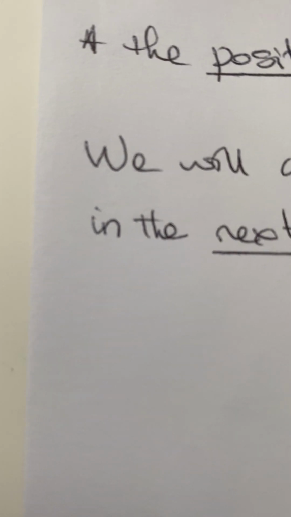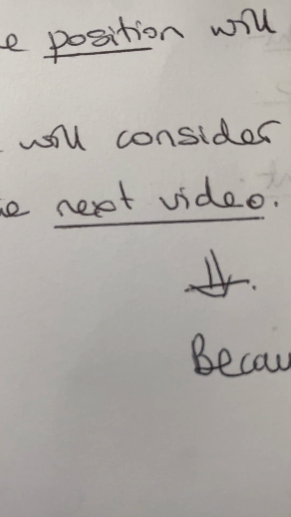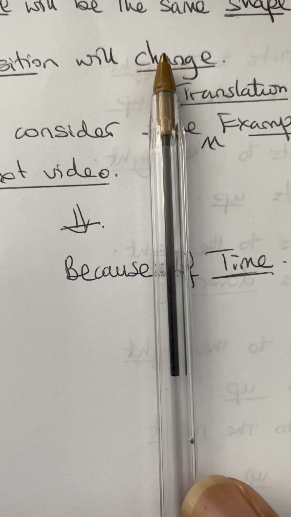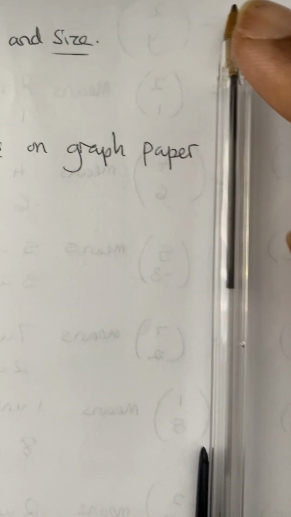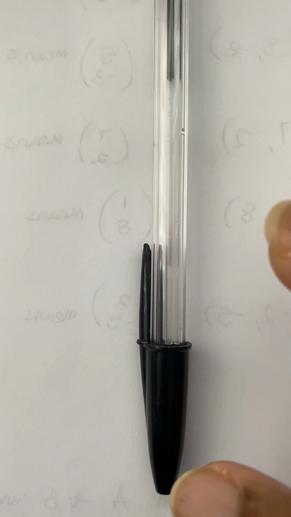Now, you will get the same image under translation. For instance, if you start with A, B, and C, it wouldn't be turned upside down, like rotation. If you translate this pen to a new point on the graph paper, the tip of the pen will remain as that, and the end of the pen will also remain as that.